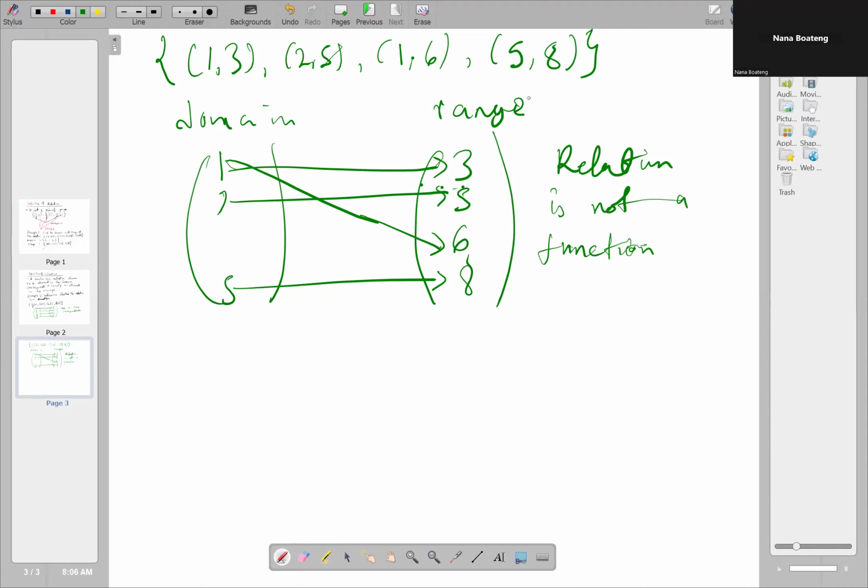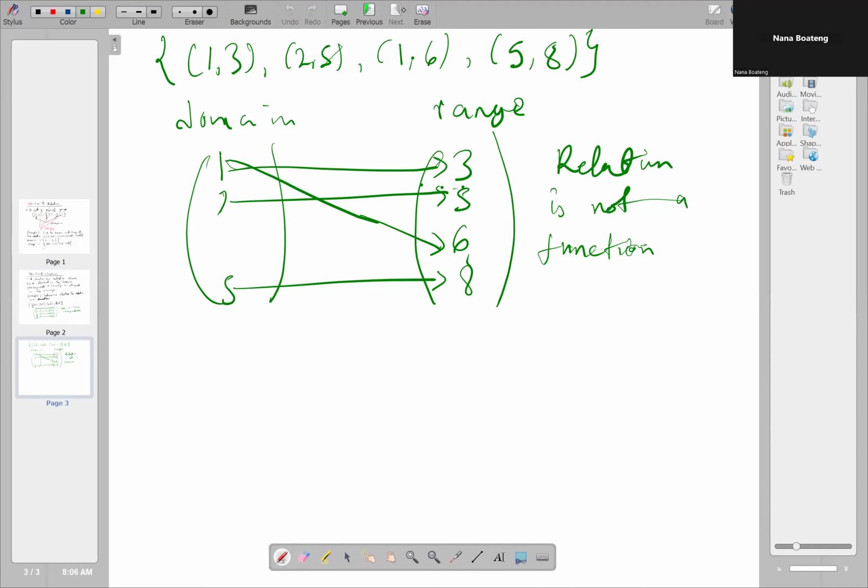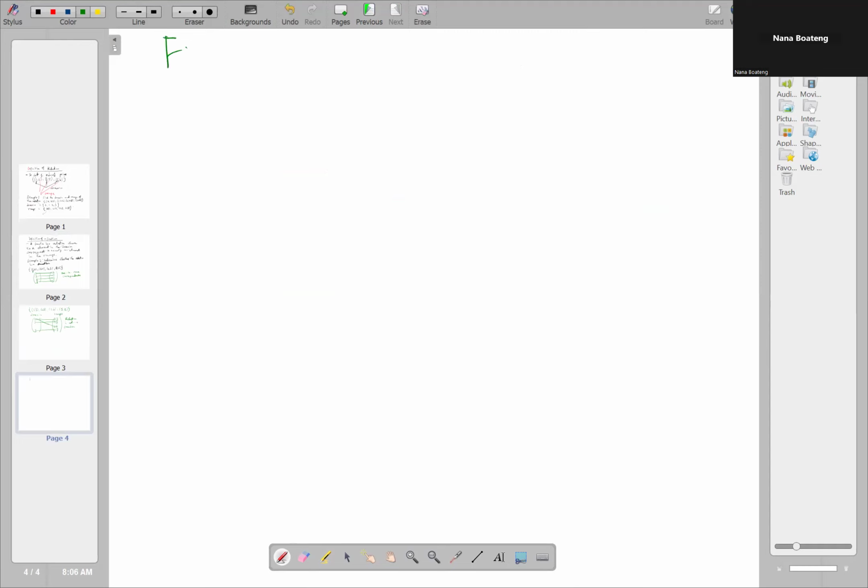Okay, so we can also look at functions as equations. If an equation is solved for y, and more than one value of y can be obtained for a given x, then the equation does not define a function.